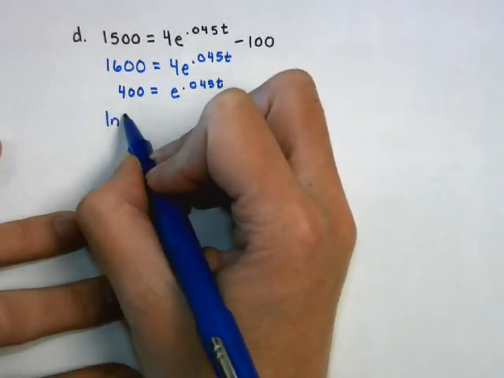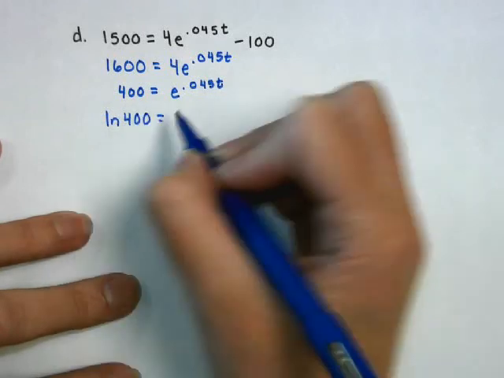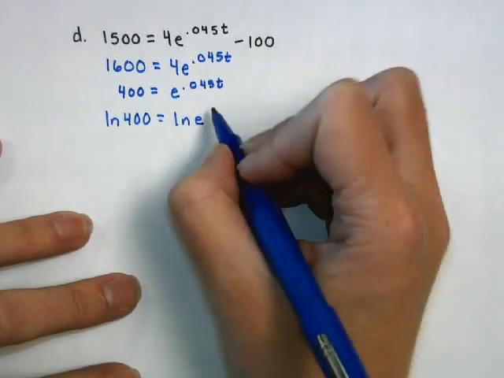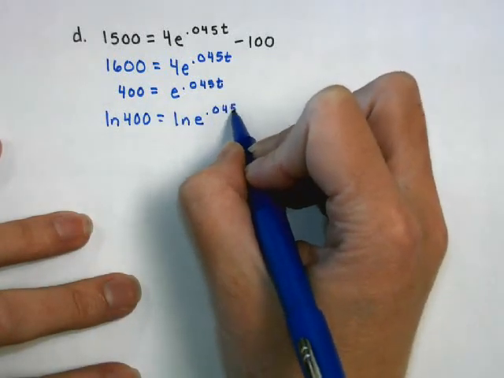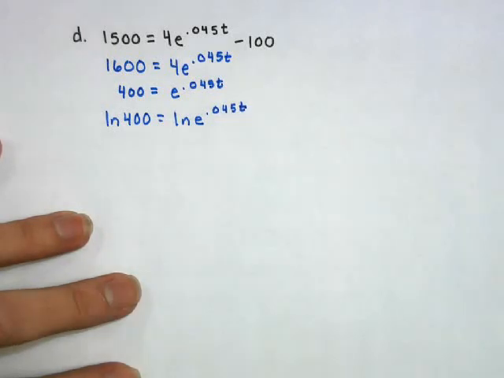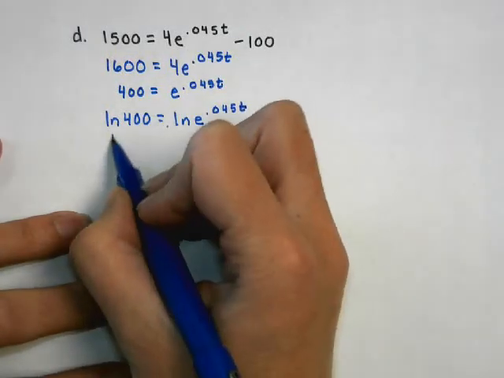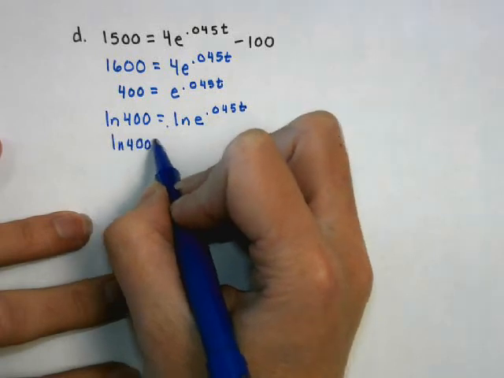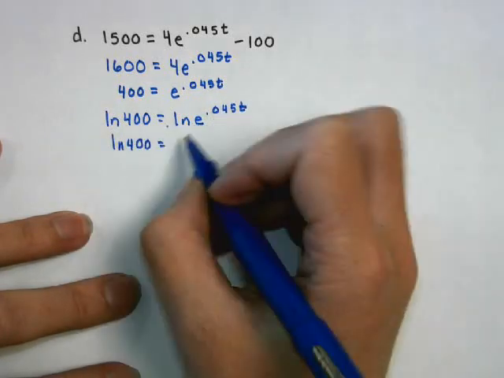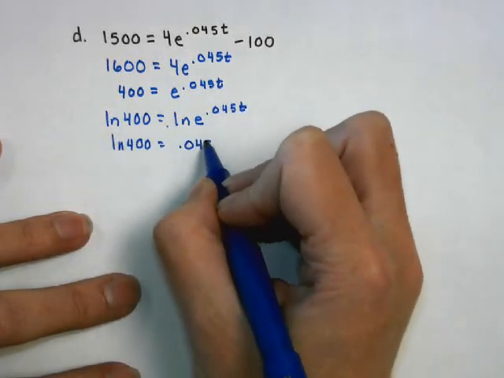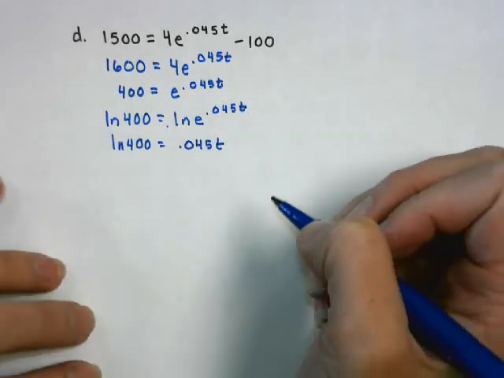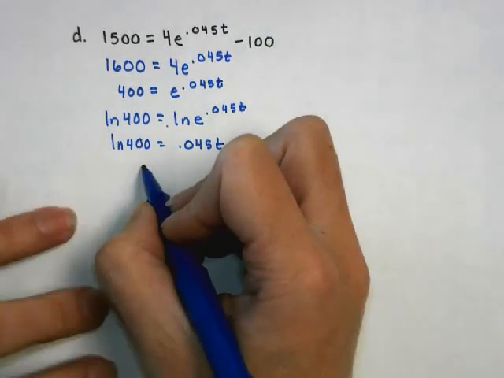Now we can do the log, and specifically the natural log. So on this side of the equation, this stays natural log of 400. This, the natural log of e, cancels out. And then we just divide by 0.045.